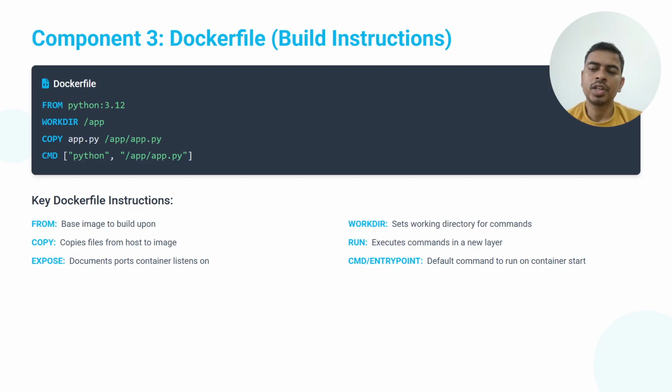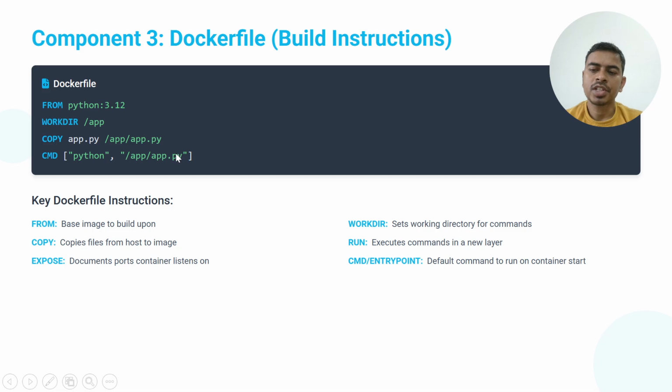So the next component is the Dockerfile, the build instructions. In the Dockerfile, the instructions are FROM Python 3.12, WORKDIR /app, COPY app.py /app/app.py, and CMD python /app/app.py.